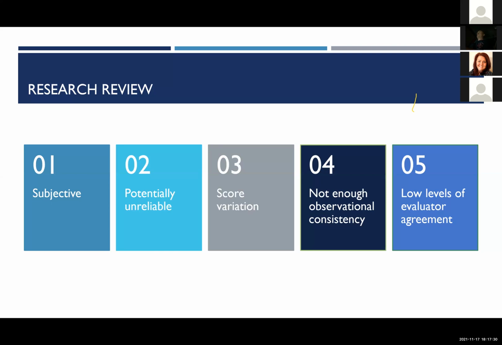There was too much variation and not enough observational consistency. All of that combined with low levels of evaluator agreement about skill performance suggested, and from this study they concluded, that evaluators do not reliably rate student performance during practical evaluation.